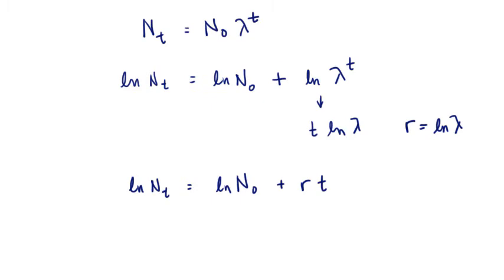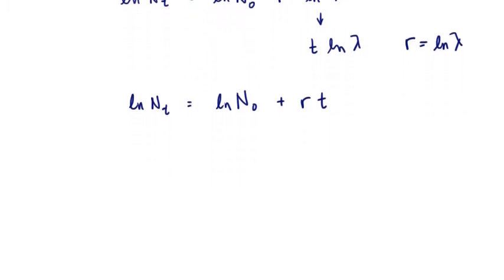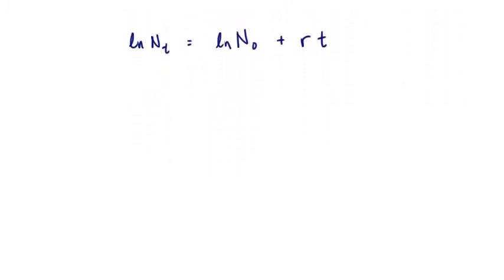Now we can go directly to the calculus step. Take the derivative of both sides with respect to time. d dt of the natural log of n sub t is equal to d dt of the natural log of n sub 0 plus d dt of rt. So at this point, anyone who has had the calculus lessons breaks into a big grin because this is something they can totally do.